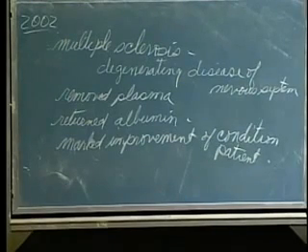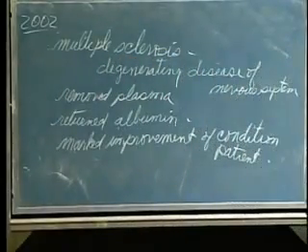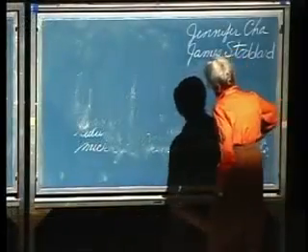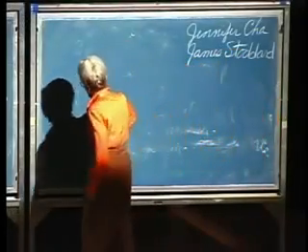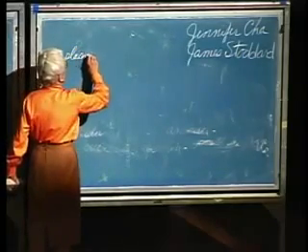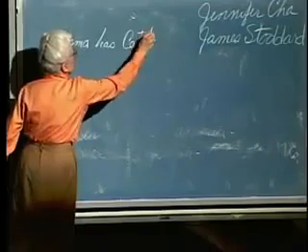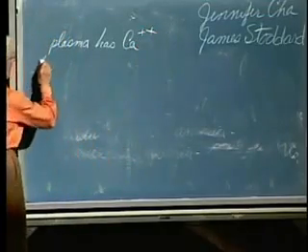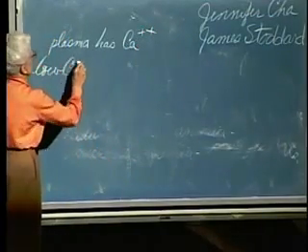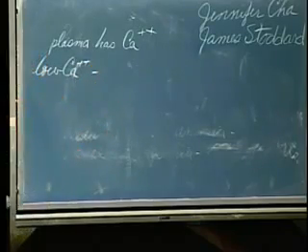Now, we mentioned when we were studying bone that another component that's found in plasma is calcium, right? So plasma has calcium. We learned that low calcium stimulates what gland?